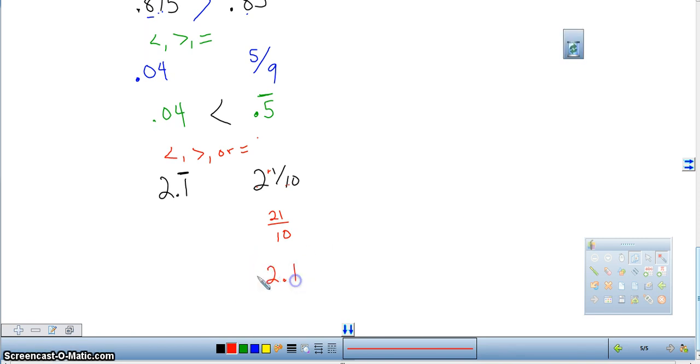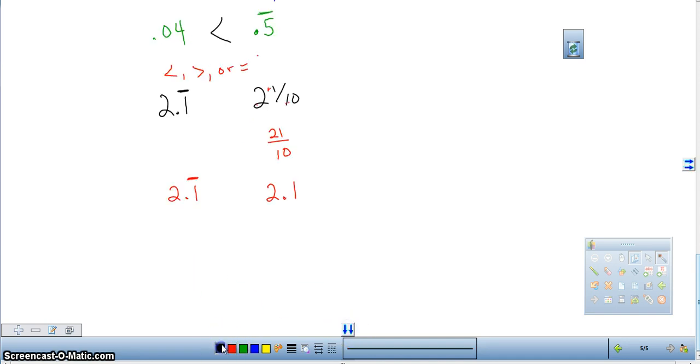So you have 2.1 and you have 2.1 repeating. They are not equal. What happens is this one is like saying 2.111111111, and this one is saying 2.100000000. So which one is bigger? Well, they both have 2 and they both have a 1, but this one has a 0 and this one has a 1, so this one is a very little bit bigger.